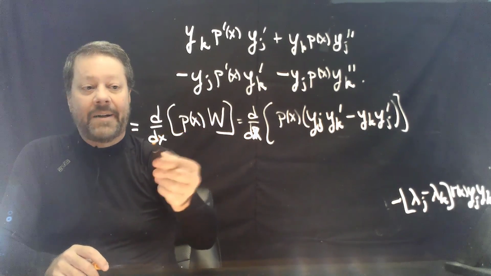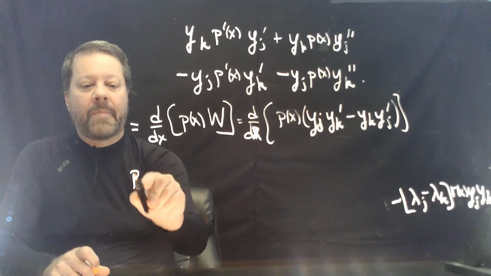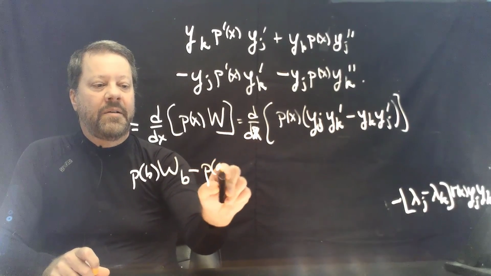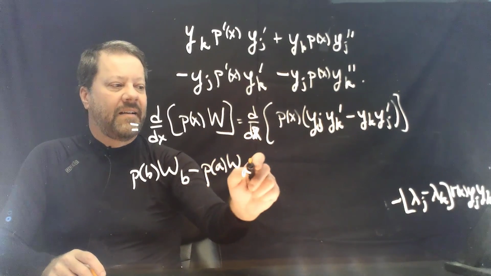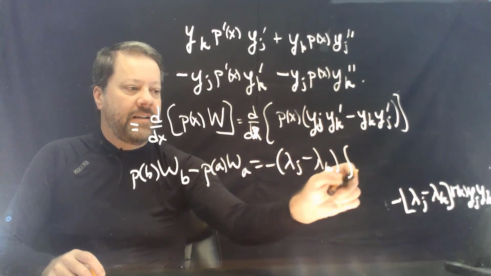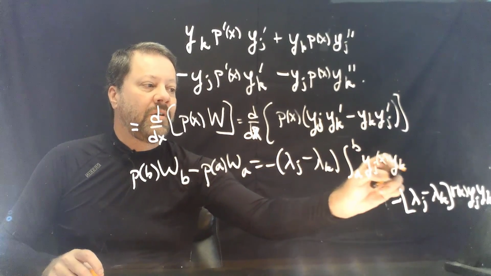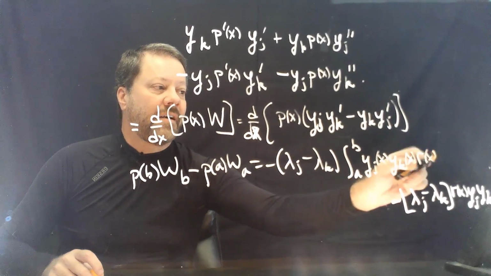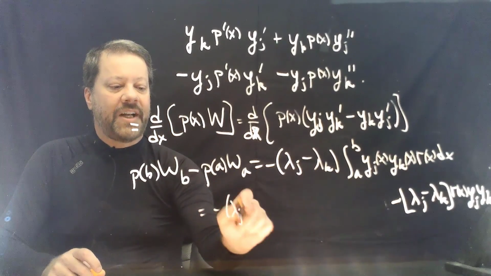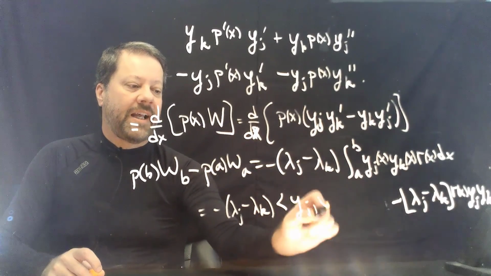When we integrate the derivative by the fundamental theorem of calculus, the antiderivative will be p of b w of b minus p of a w of a, and that's minus lambda j minus lambda k, the integral from a to b of yj of x yk of x r of x dx, or minus lambda j minus lambda k, the inner product of yj and yk.